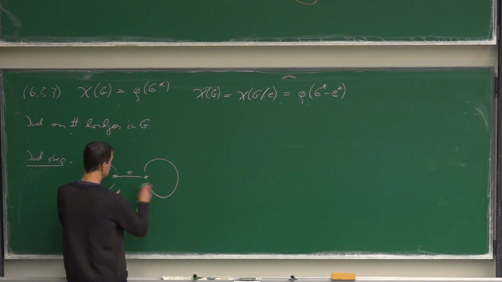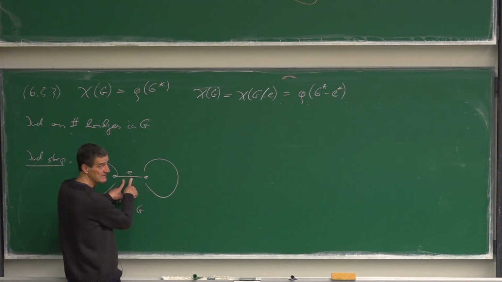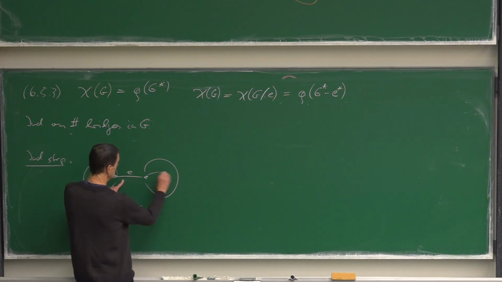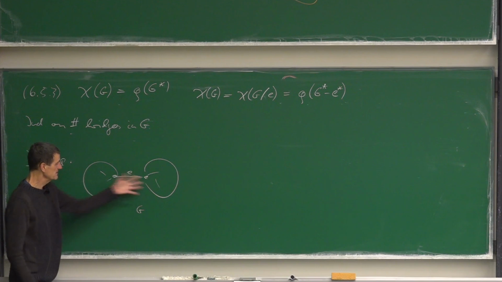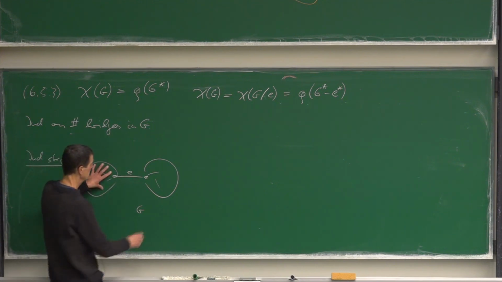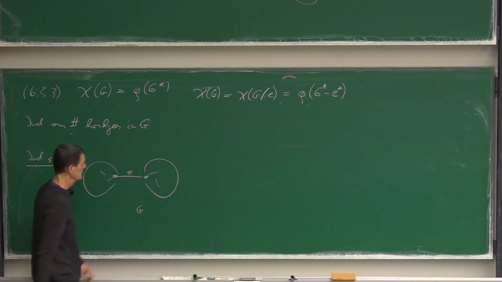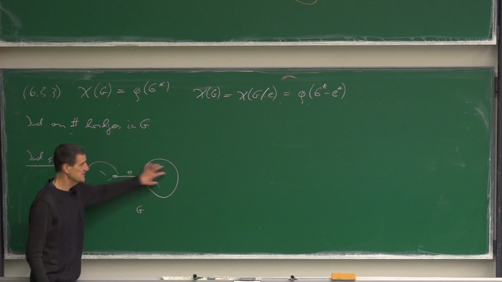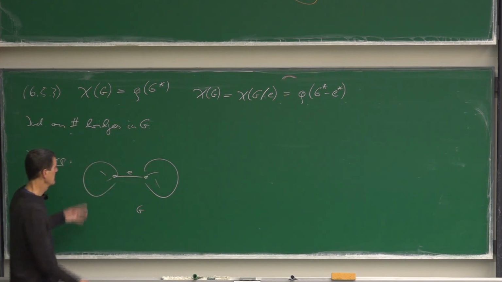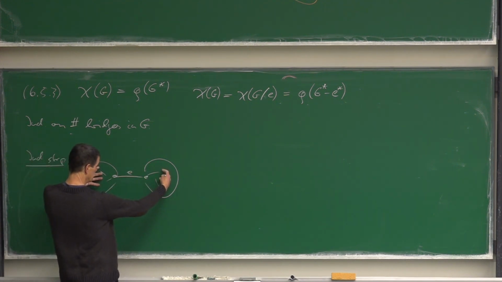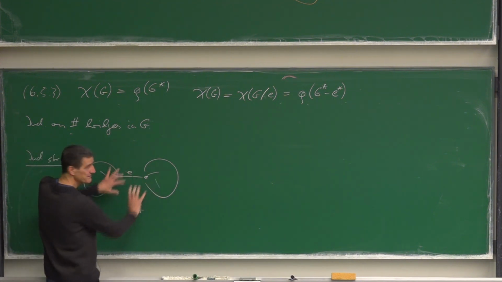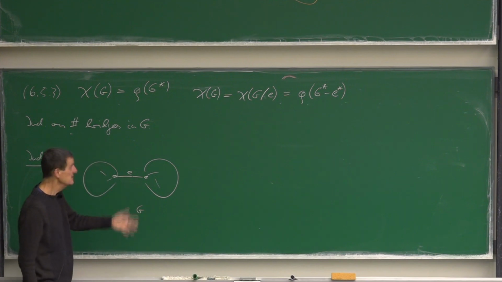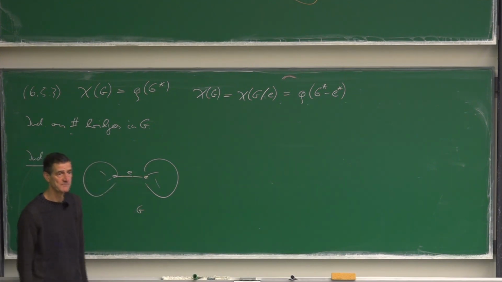If the graph isn't just a K2, which we assume, there are more edges going to be here. So the chromatic number of this graph is the maximum of the two chromatic numbers here. But that is still the chromatic number of the graph after contracting E. After contracting E, we have these two blobs identified in a vertex, and what's the chromatic number of that? Still the maximum of those two sides.